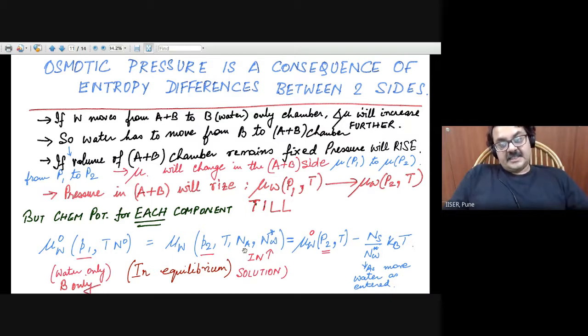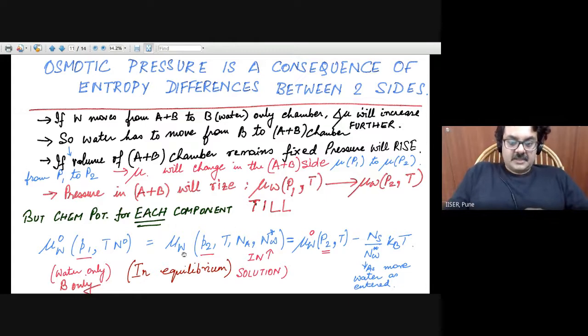This has Na molecules plus NW star. I add a star because more water molecules have gone into that chamber, which has A plus B in solution. And in equilibrium, the chemical potential for each component, in this case the water, has to be the same. So this will keep on changing till this condition is satisfied.